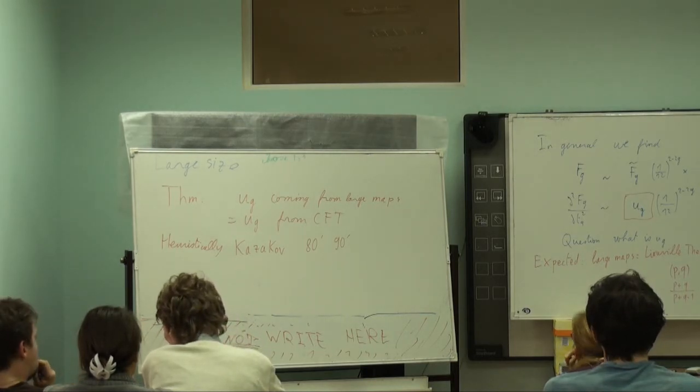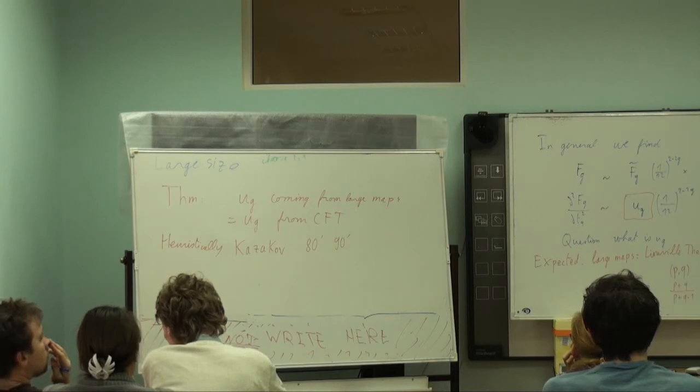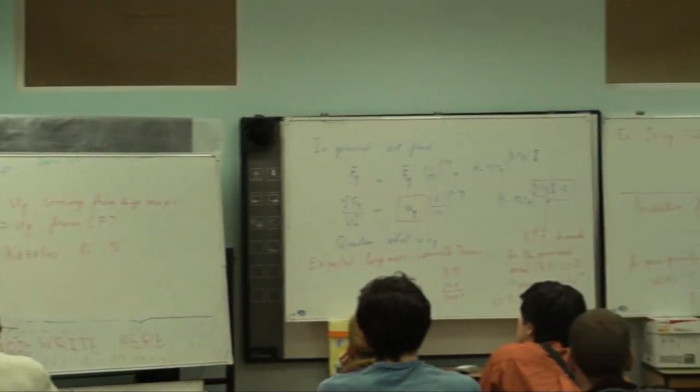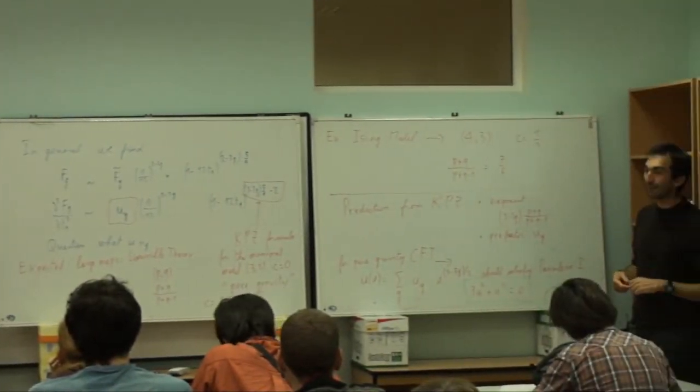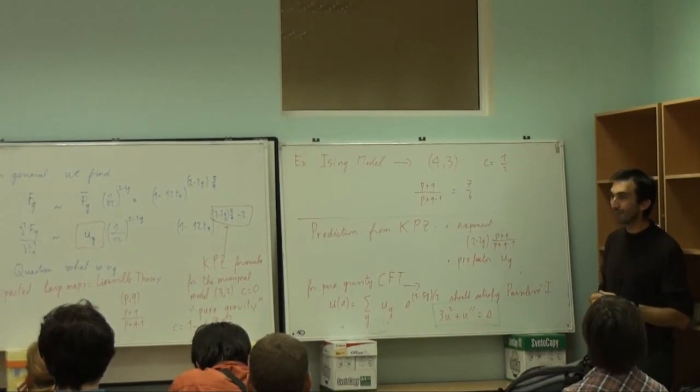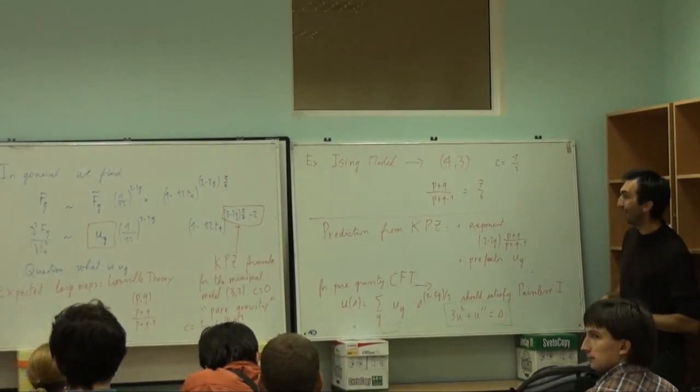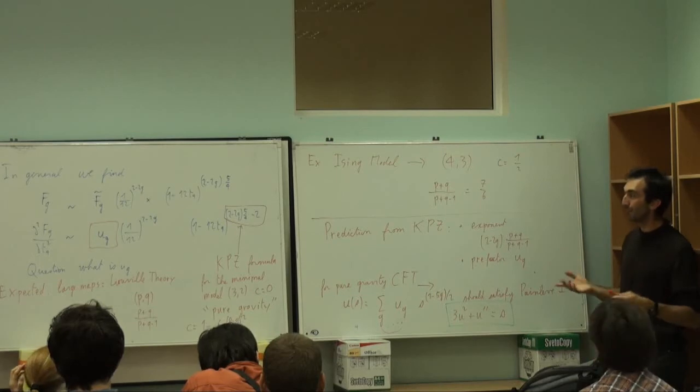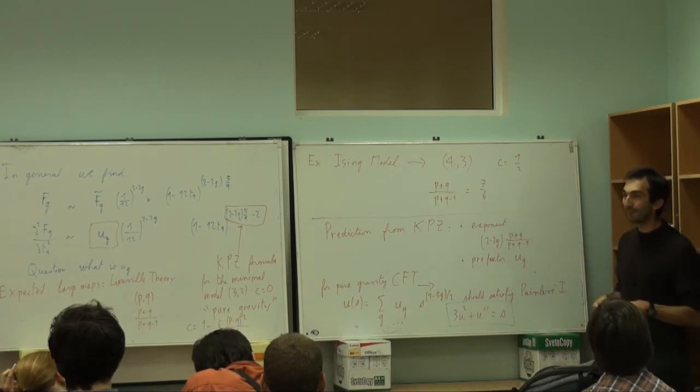At the same time, KPZ were working on the conformal field theory, and somehow KPZ wanted to check their prediction on some example. They wanted to check that on the Ising model, which Kazakov was solving from matrix models. And so Kazakov computed the critical points, so the singularities of the Ising model.